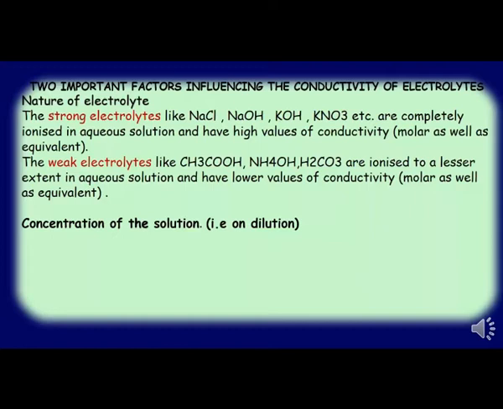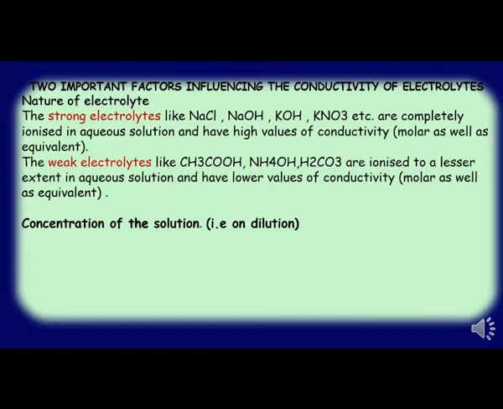They won't dissociate completely. Weak electrolytes do not dissociate or ionize completely. Hence, since the number of anions and cations is lesser due to the lack of complete ionization, their conductivity, whether it is molar or equivalent, is lesser.